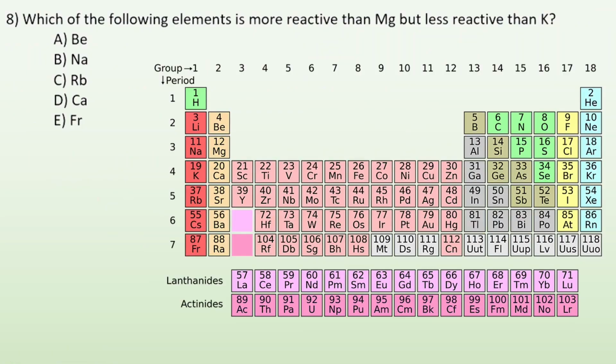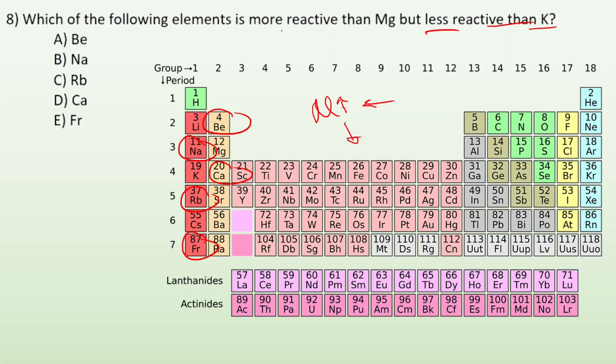8. Which of the following elements is more reactive than magnesium but less reactive than potassium? So if we take a look, what are our options? We got beryllium, sodium, rubidium, calcium, and francium. So when we talk about metal reactivity, it is the greatest to the left and then also towards the bottom.